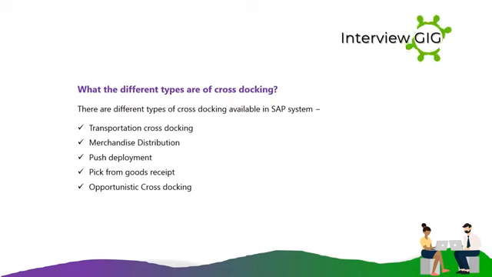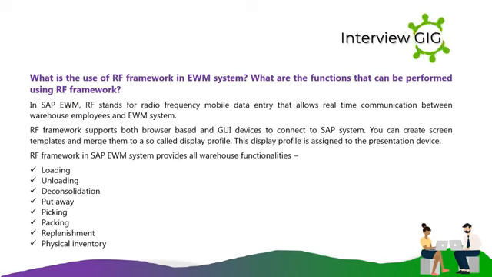What are the different types of cross-docking? There are different types of cross-docking available in the SAP system: transportation cross-docking, merchandise distribution, push deployment, pick from goods receipt, opportunistic cross-dock.